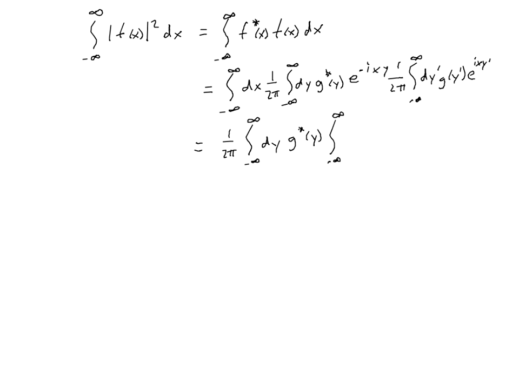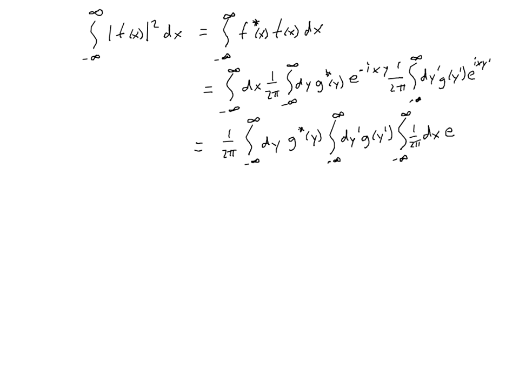And then I have another integral here with respect to y prime, and I have my g of y prime. And then I have an integral involving the dx. So I have 1 over 2 pi dx.